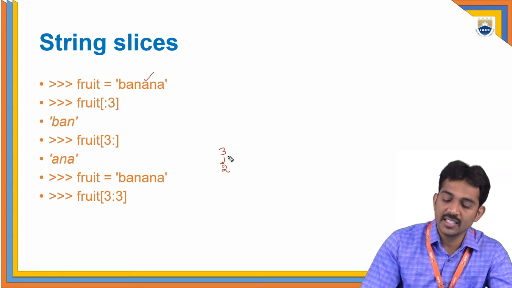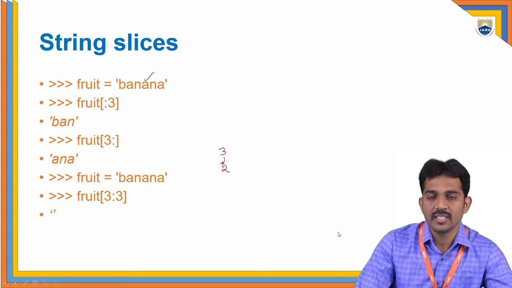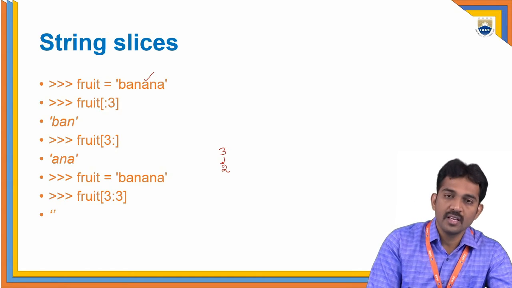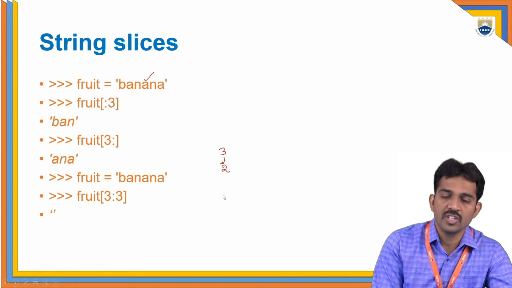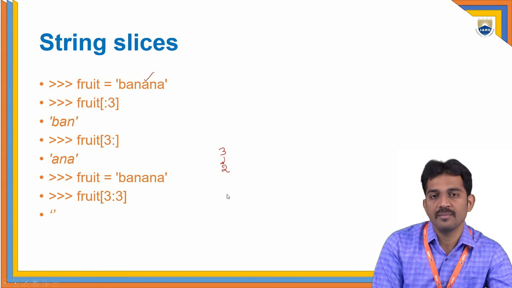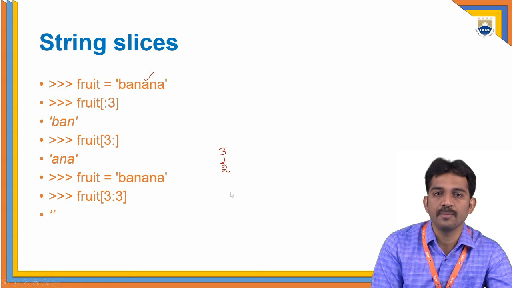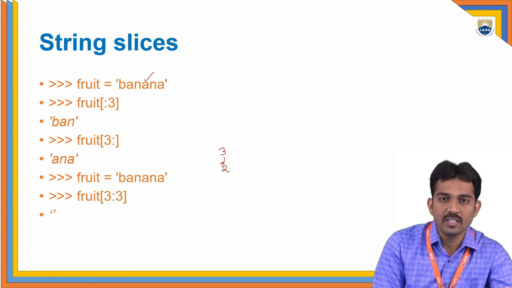So it returns nothing, an empty string. Just apply our formula: the first part of the colon is the starting index, and the second part is the ending index minus 1. That's all. It's very, very simple. Please note all these points.